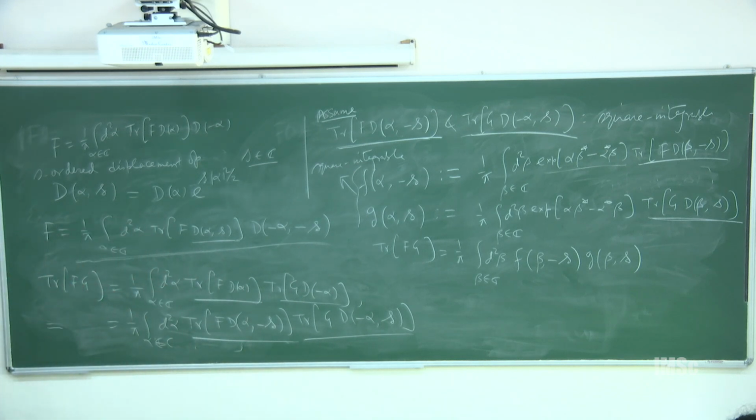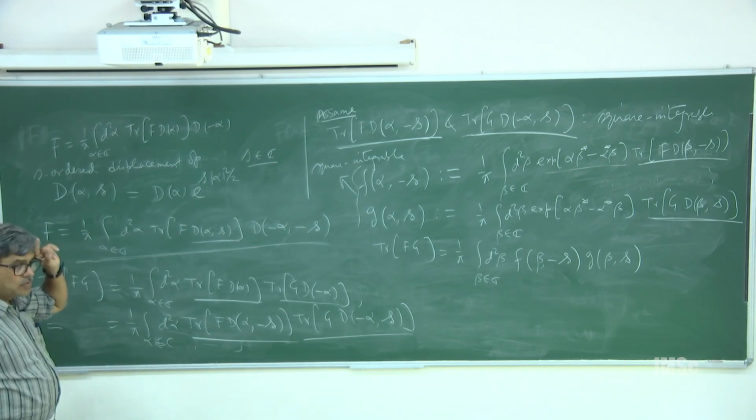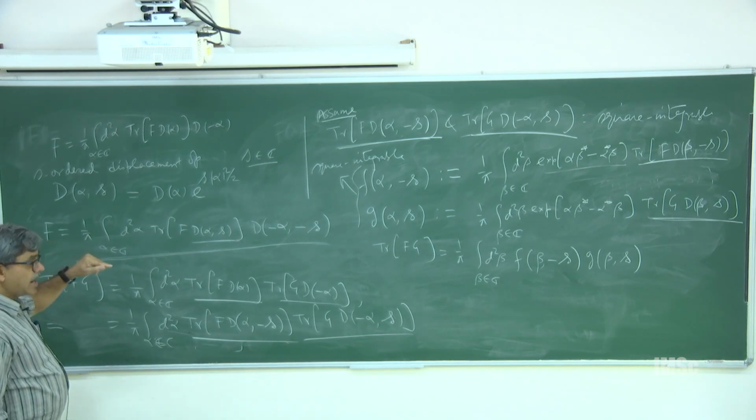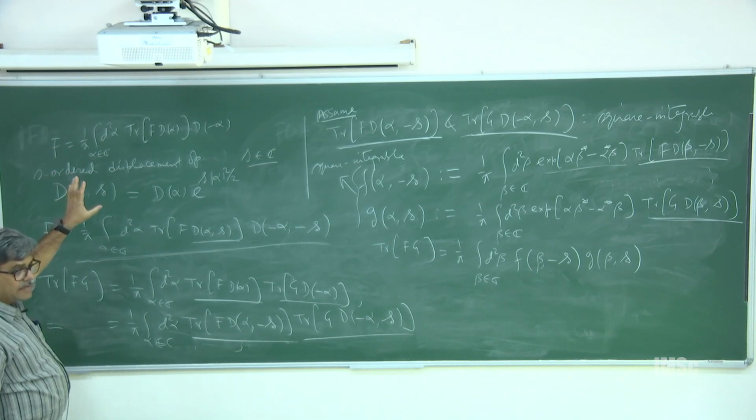You have already assumed them to be. Sorry? You have already assumed that they are square integrable. That is an assumption, but I know that both f and g are bounded operators. Now, let us not look at that assumption. We know that when real part of s is 0, f and g are bounded operators.